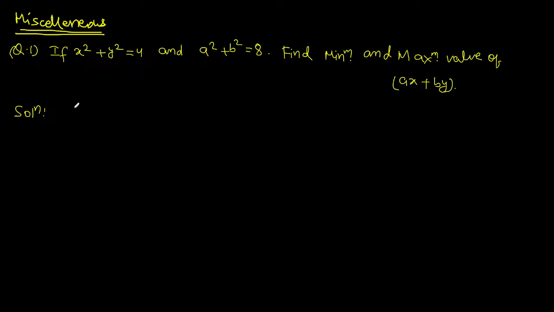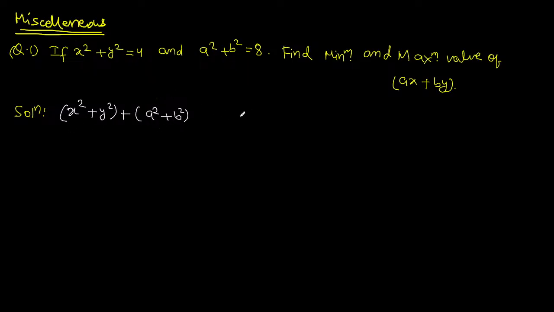So what can we consider? First we can go with the AM-GM inequality. Can we say x square plus y square is one term and a square plus b square is the second term?